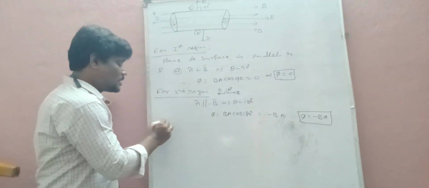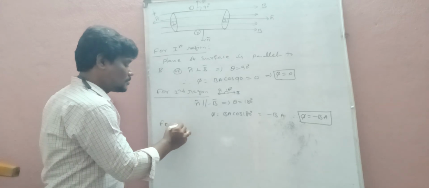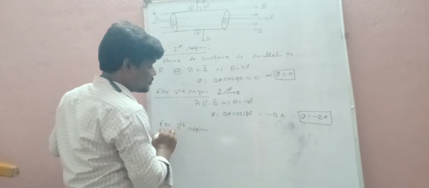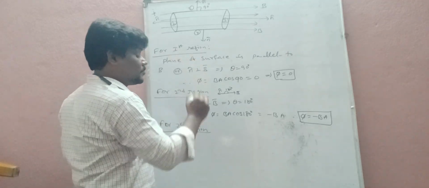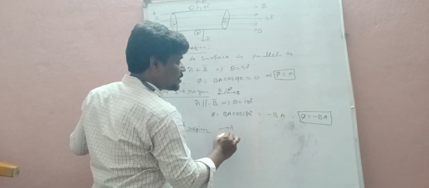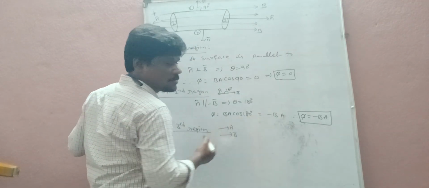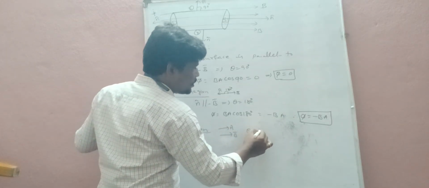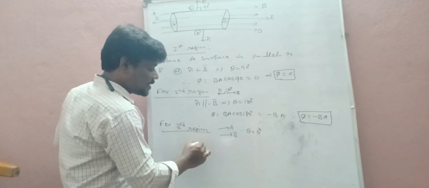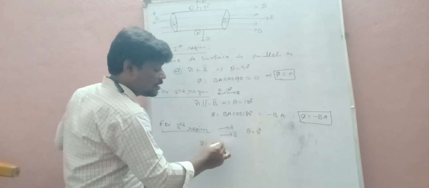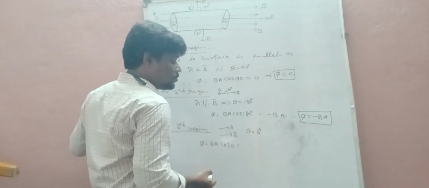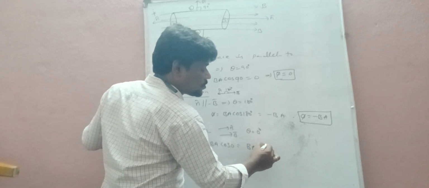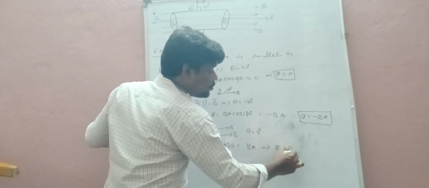Next, for the third region, what is the unit vector? This is the direction of n cap. B bar is also in the same direction. What is the angle? Theta equal to 0 degrees. Flux phi equal to BA cos 0, that is equal to B into A. That implies flux equal to BA.